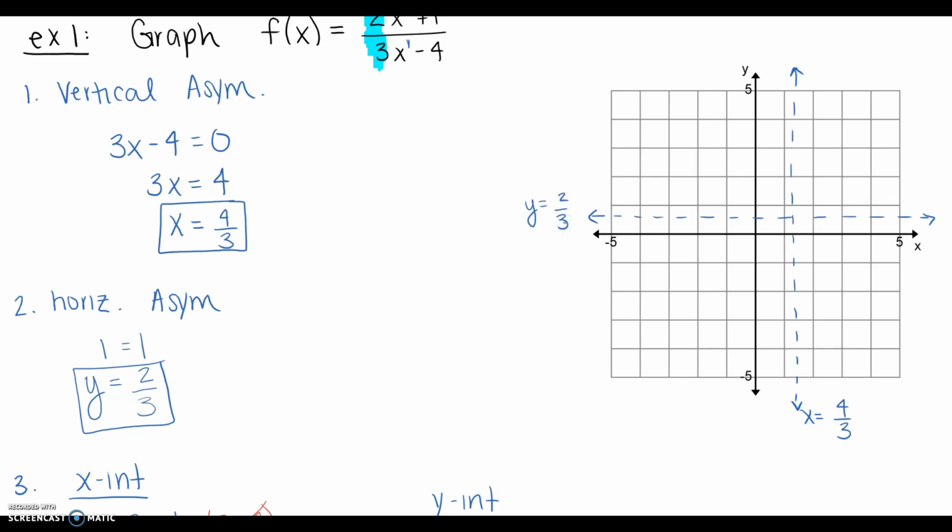Then I'm going to plot the x and y intercepts that we found. So our x-intercept was at negative 1/2, 0. And our y-intercept is at 0, negative 1/4.